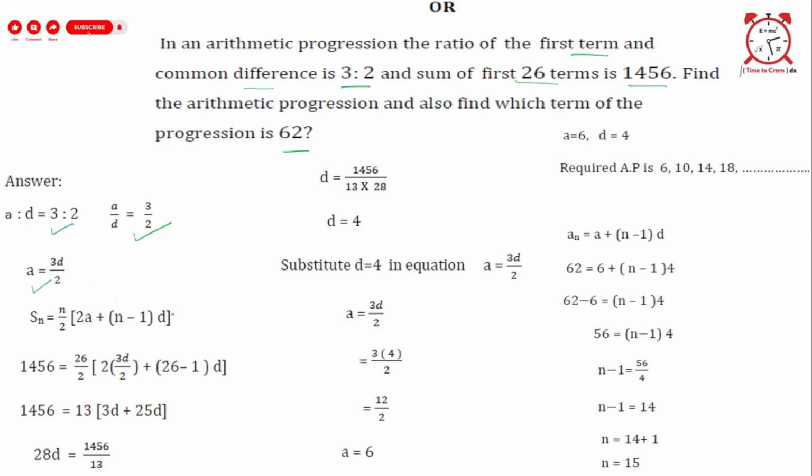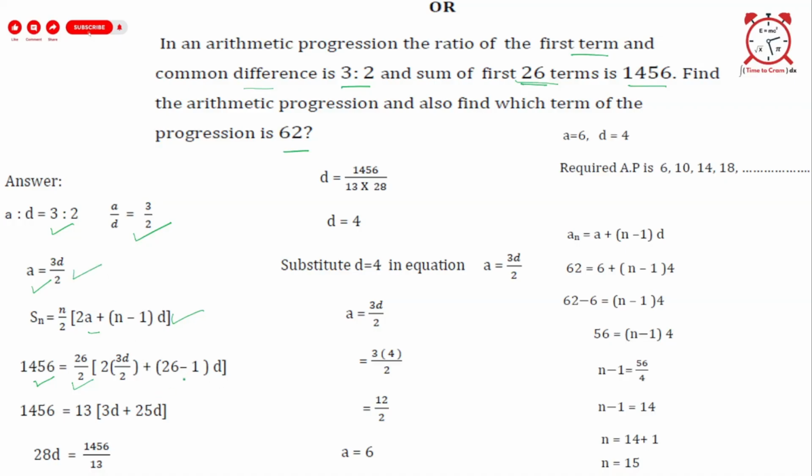From the ratio we will make a the subject and derive this equation. Now we will write the sum formula. For the sum formula, the sum is given as 1456, and for 26 terms we keep n equal to 26. For the value of a we write what we derived here.